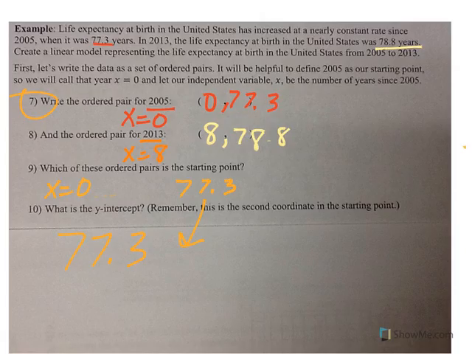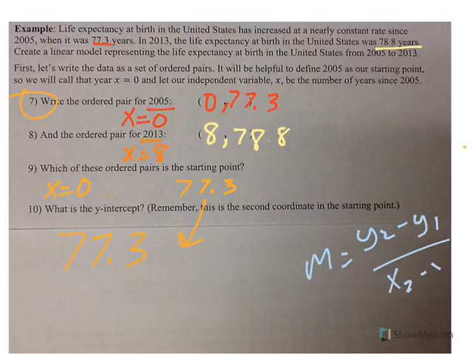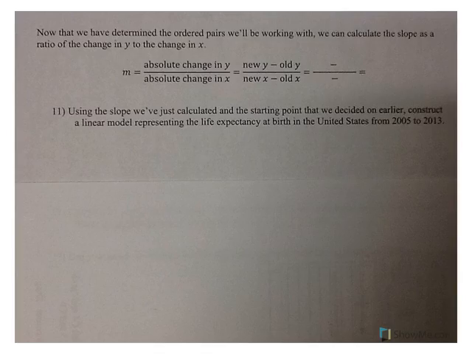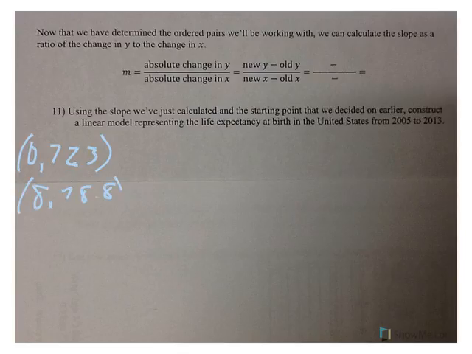Now, the slope is found by taking, if you recall, the change in the y values over the change in the x values. I'm going to put my ordered pairs down here: (0, 77.3) and (8, 78.8).